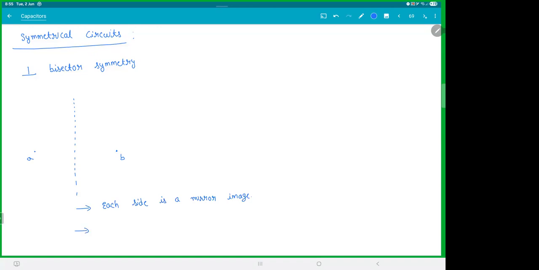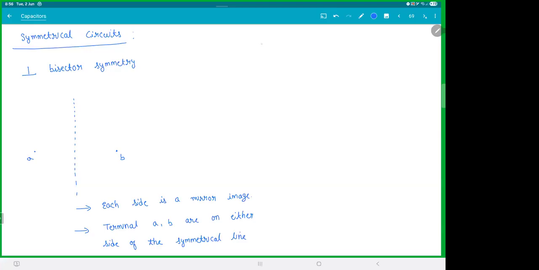The second condition: the terminals A and B are on either side of the symmetrical line. So if you see a circuit like this, it is a bisector symmetry.